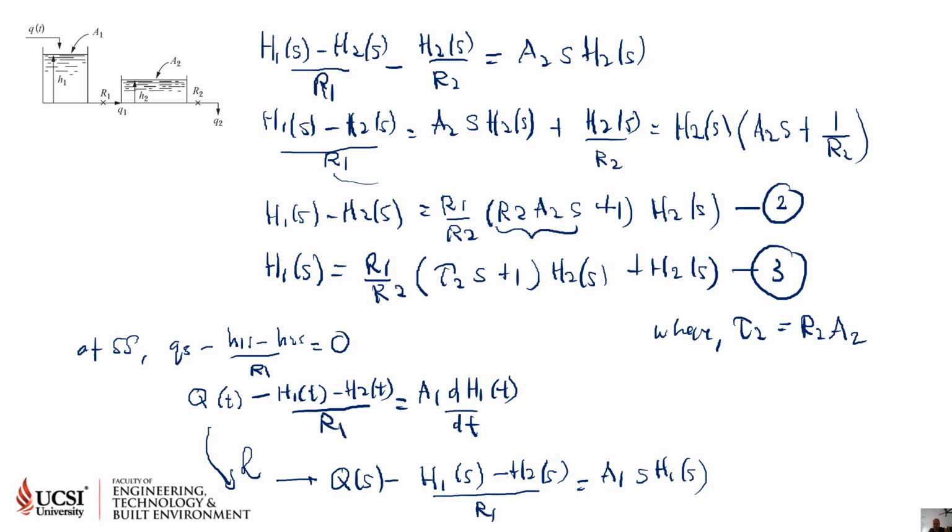What I get is Q(s) minus H1(s) minus H2(s) over R1 equals A1 s H1(s). We can see here that we have the term H1 minus H2, and we also have a term H1(s).